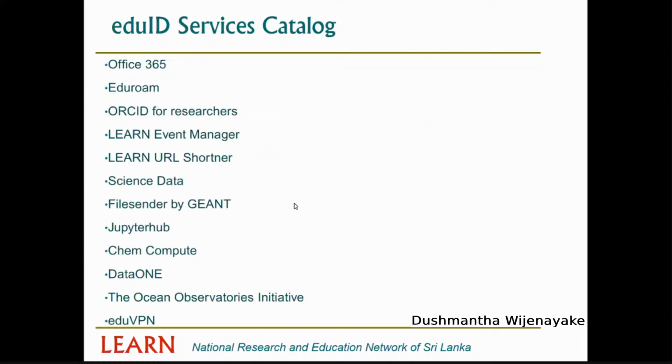And then we'll move to the Dvid services. Currently, we have this Dvid service catalog. It consists of Office 365, EduRoam, ORCID for researchers, Learn Event Manager, we call it Indigo, Learn URL shortener, Science Data, File Sender by Gyan, Jupyter Hub, ChemCompute, Data One, Ocean Observations Initiative, and EduVPN.